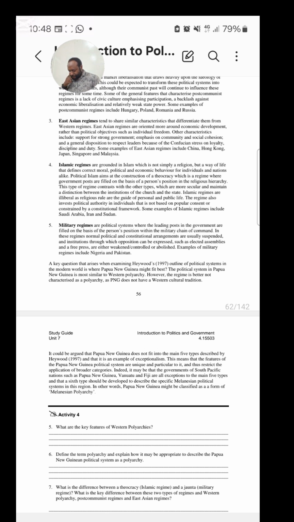Second sentence, political Islam aims at the construction of a theocracy, which is a regime where government posts are filled on the basis of a person's position in the religious hierarchy. In any theocracy, government positions are assigned by their level in the religious hierarchy.